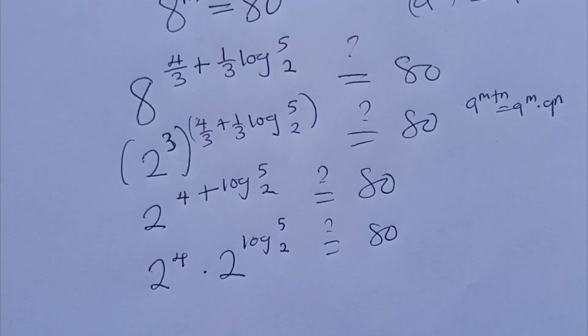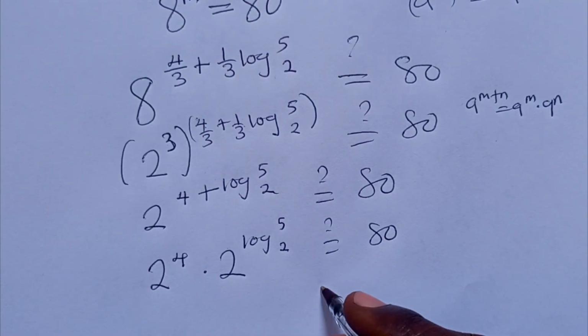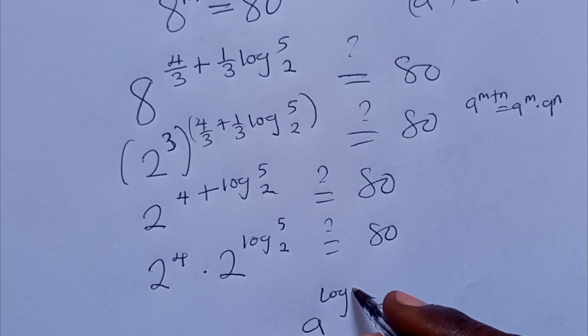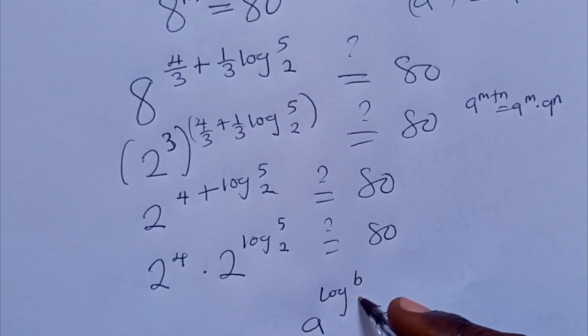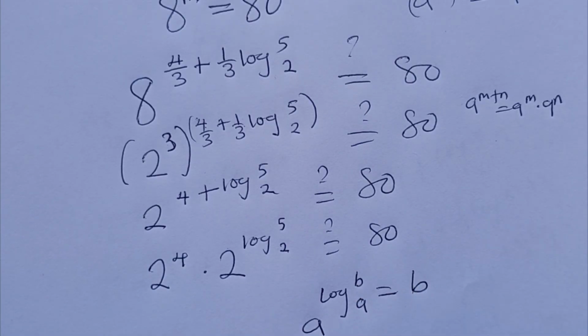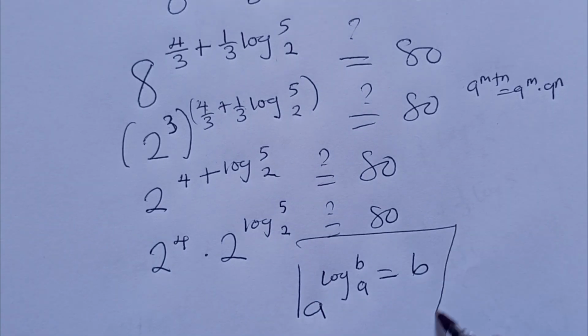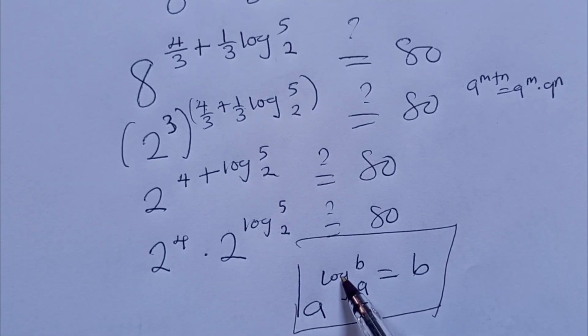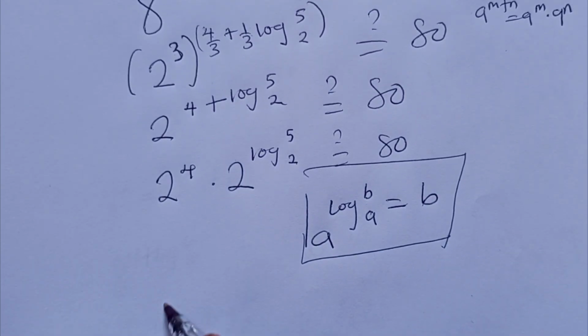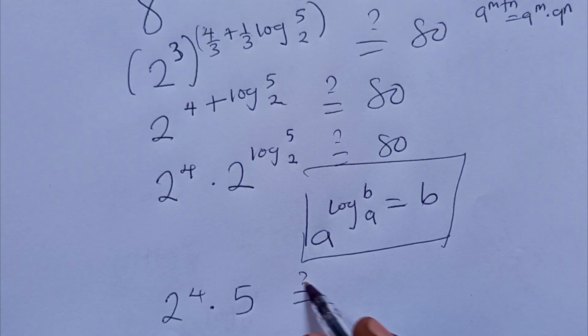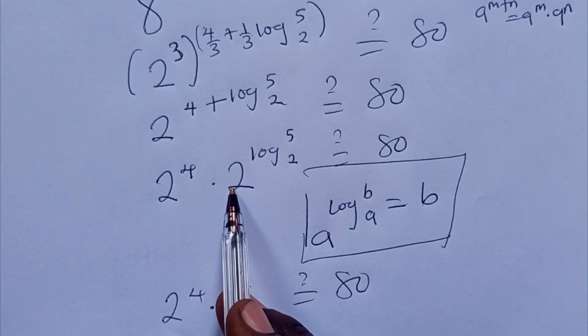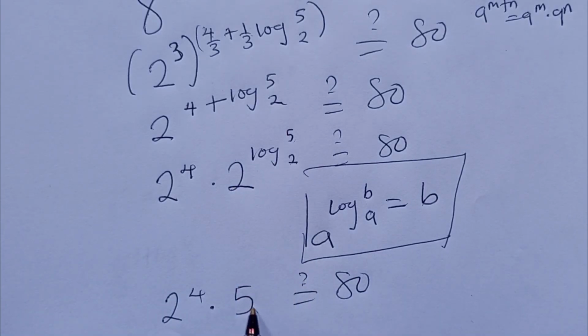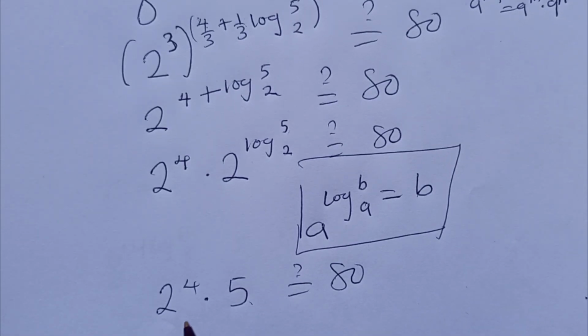So if this is what we have, when we have a to the power of log b base a, this is the same thing as b. This logarithm law says that if we have a to the power of log b base a, this is equal to b. So let's apply that here. So 2 to the power of 4 times, we are going to have 5, equal to 80. So we have 2 to the power of log 5 base 2, so we only have 5 as our answer here. And 2 to the power of 4 times 5.